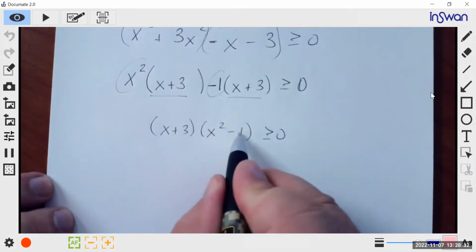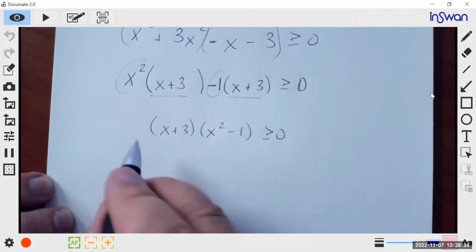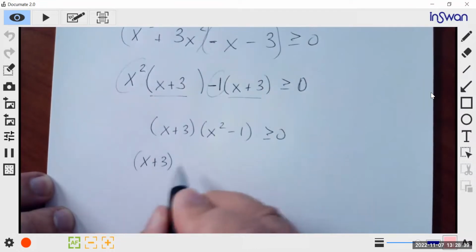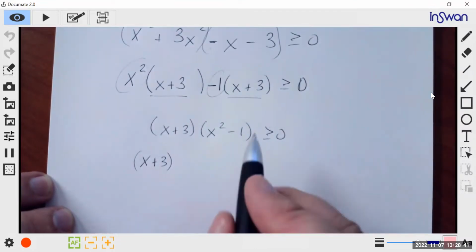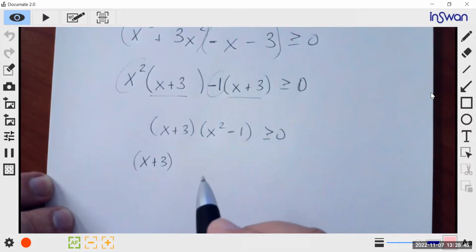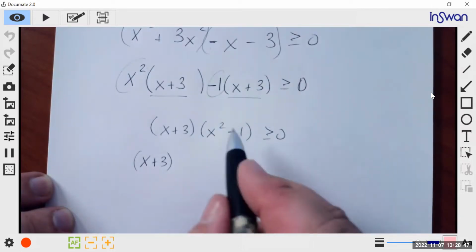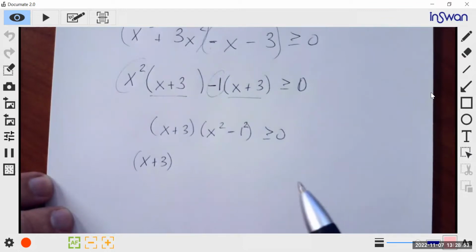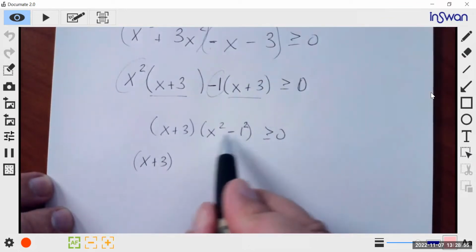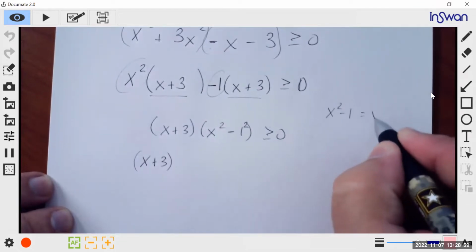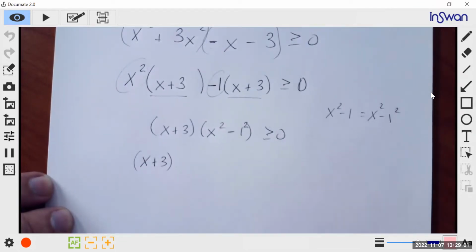X squared minus 1. Can we factor that one out? It's a difference. Are they both squared terms? What's 1 squared? 1. So yeah, x squared minus 1 is the same thing as x squared minus 1 squared.